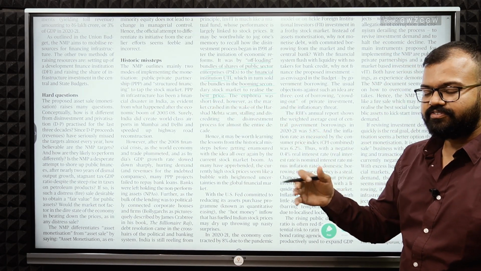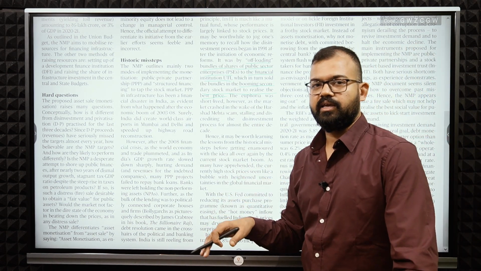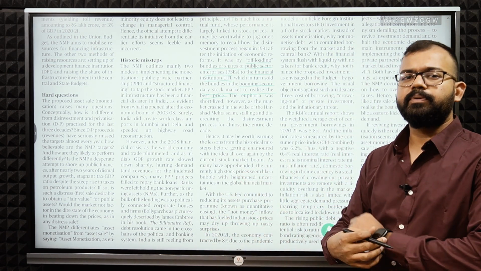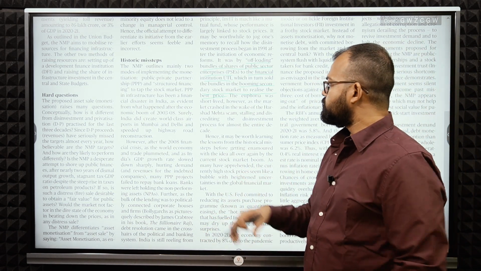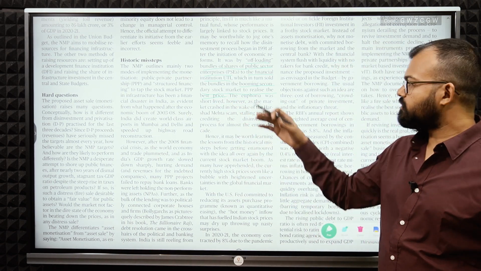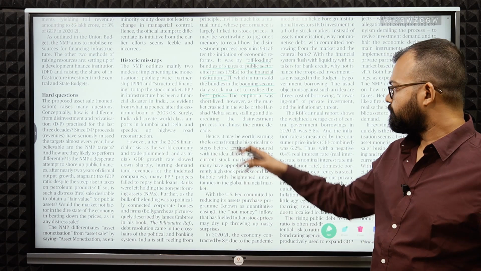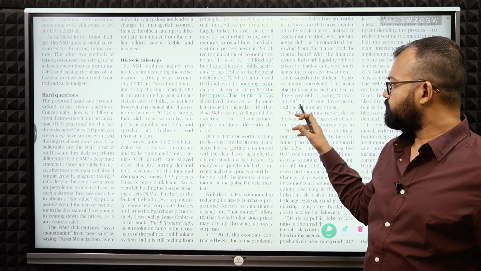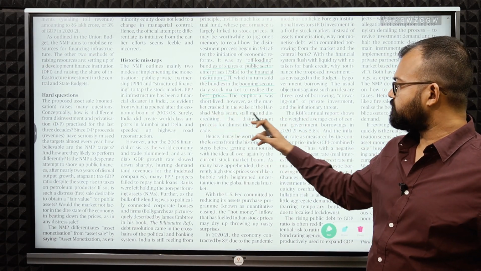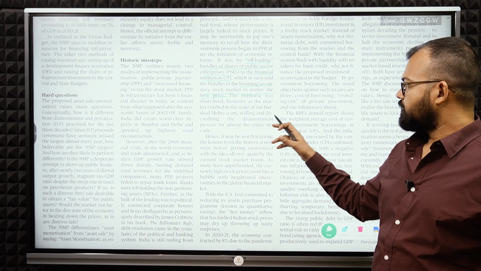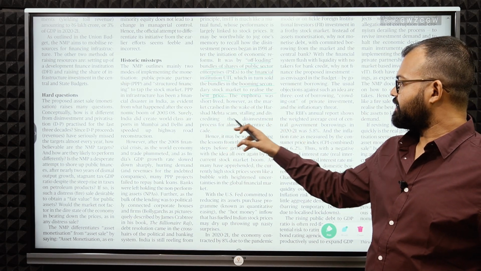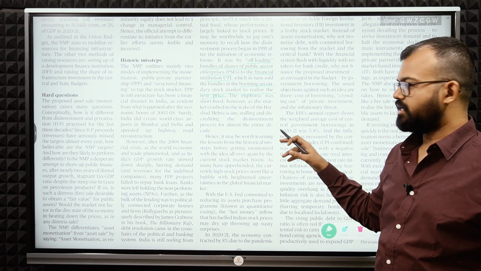You know that if you interfere in market functioning, it will not give the proper, fair value. What is important right now is to get the fair value of these public assets so that it can generate capital. The euphoria was short-lived, however, as the market crashed in the wake of the Harshad Mehta scam, stalling and discrediting the disinvestment process for almost the entire decade.